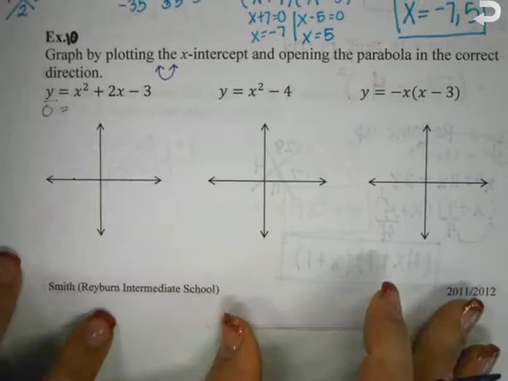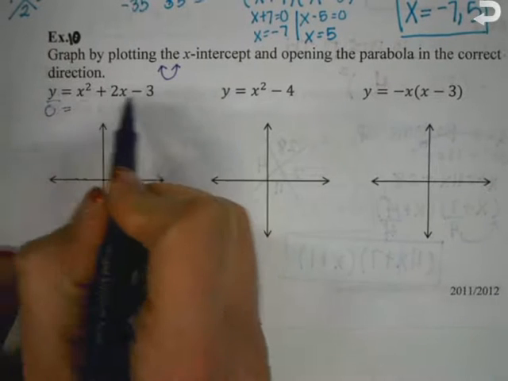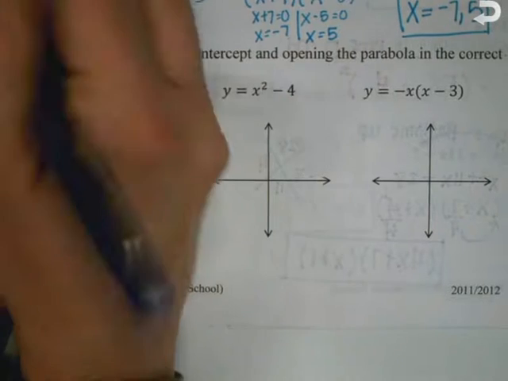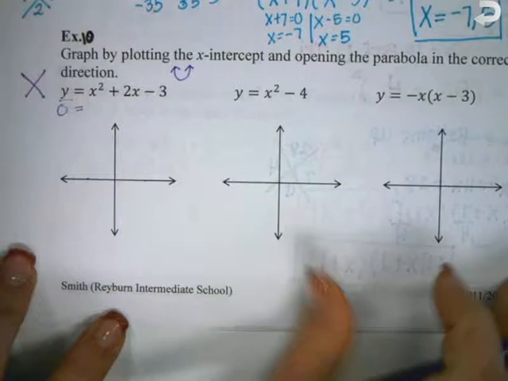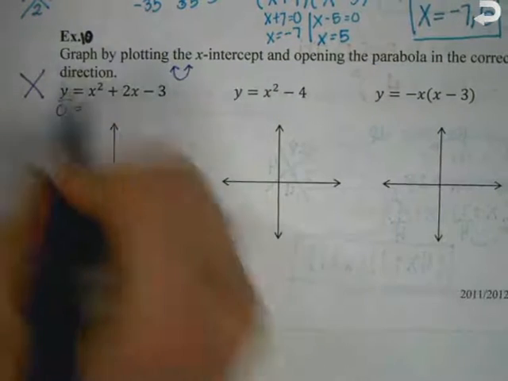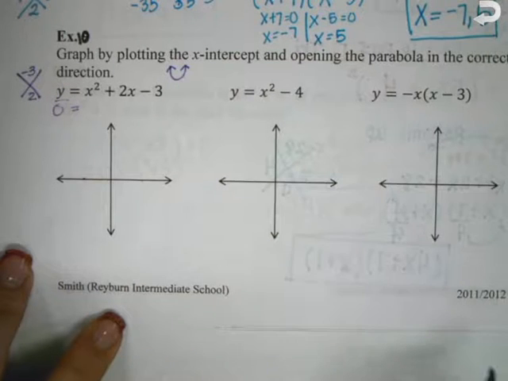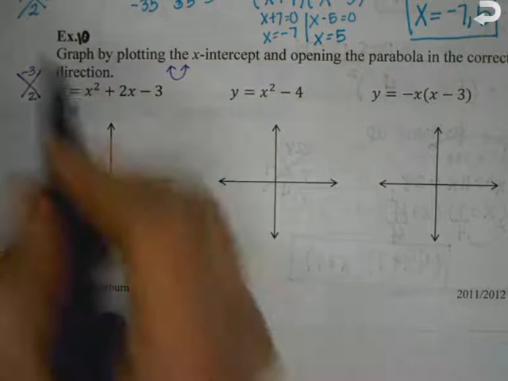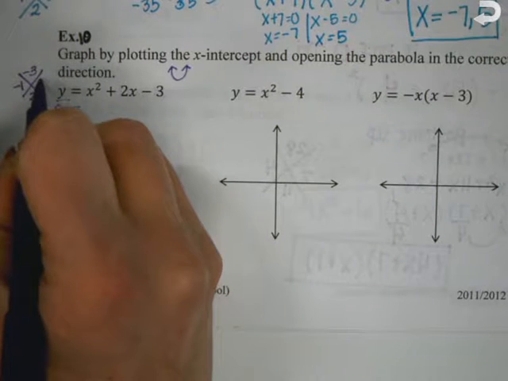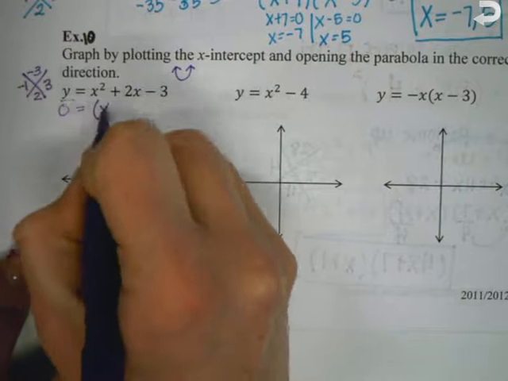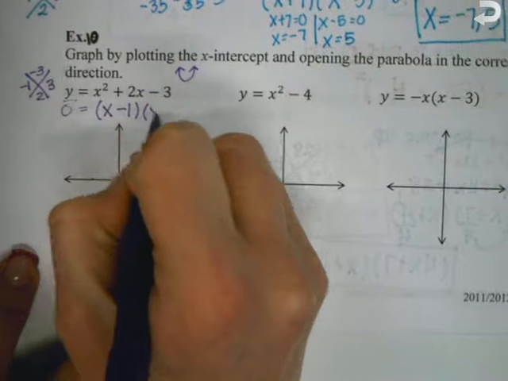And then let's factor this. What method am I going to use to factor this one? Diamond. So I'm looking for two numbers that multiply to -3 and add up to +2. -1 and +3. So this is the same as x minus 1 times x plus 3. And we want to solve this.